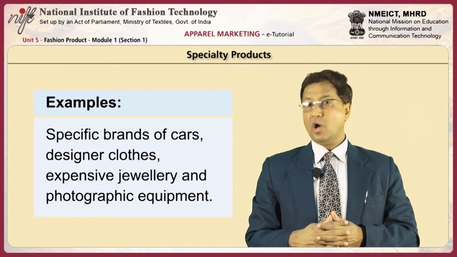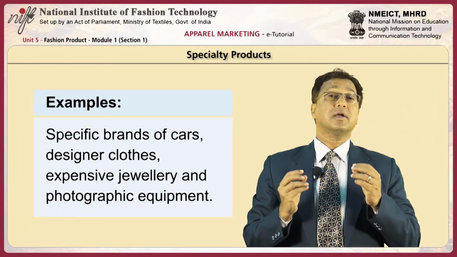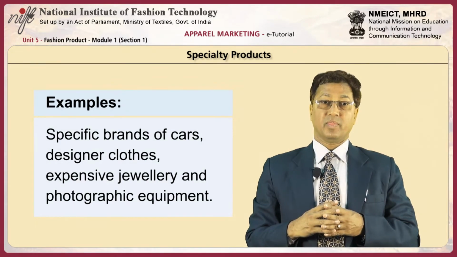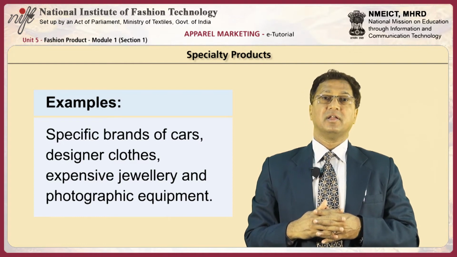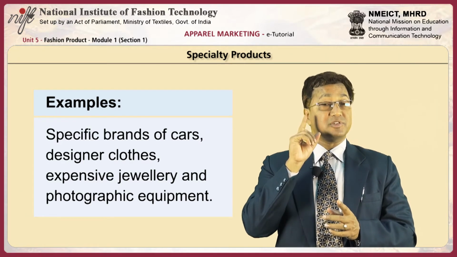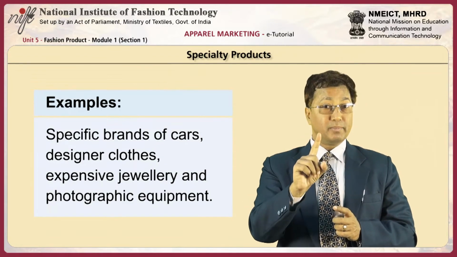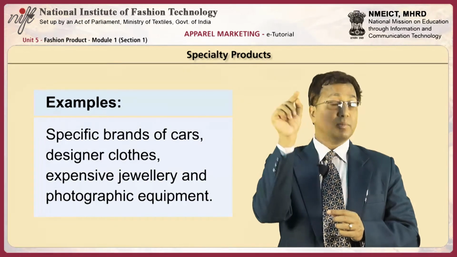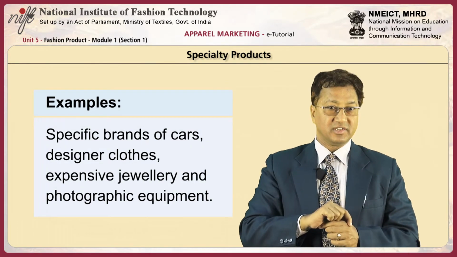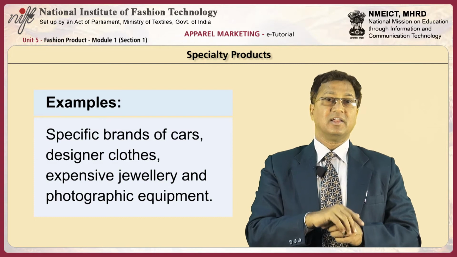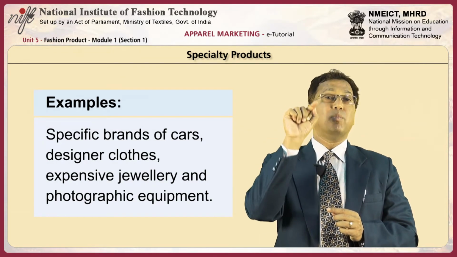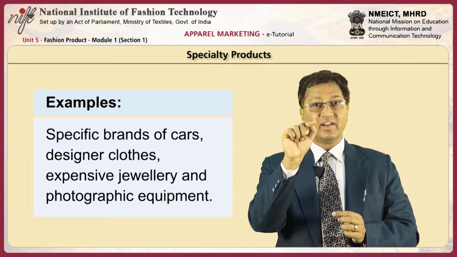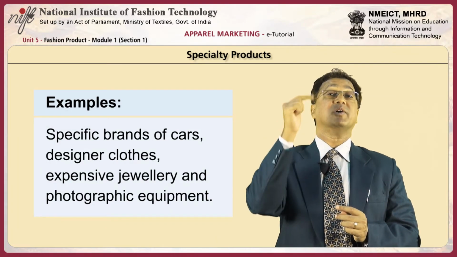Buyers normally do not compare specialty products. However, they spend substantial time and effort in planning the purchase, that is, deciding on the brand and arranging for the relevant resources to buy the product.